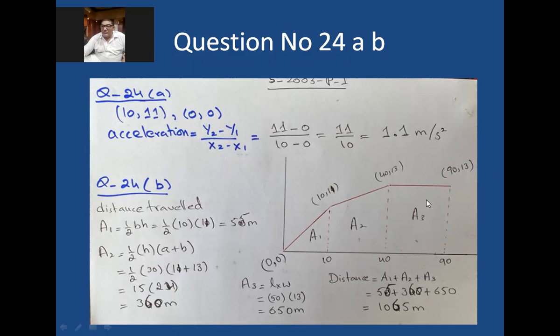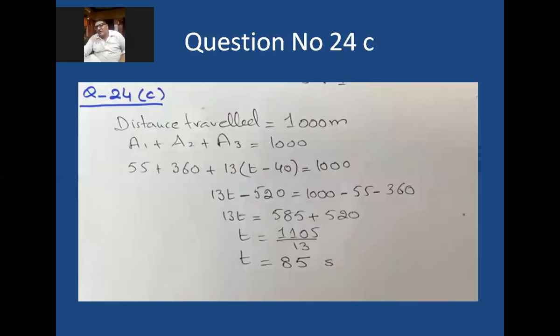So 1000 meter will be completed here somewhere. Try to understand this idea. Suppose it is D. So this plus this triangle is a time, I don't know, but their total sum will be how much? 1000.